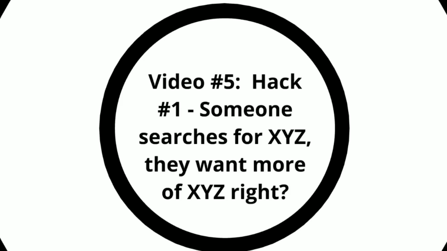They might find it, but then they're going to look for more. They search for XYZ, they want more of XYZ. So how can you make it easier for them to find that information, such as with related posts?